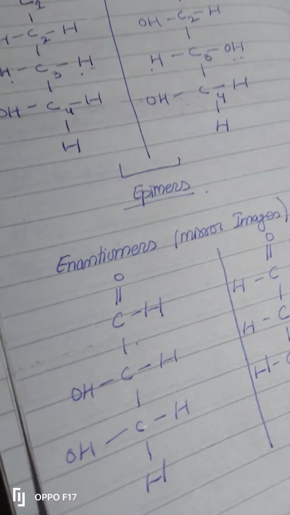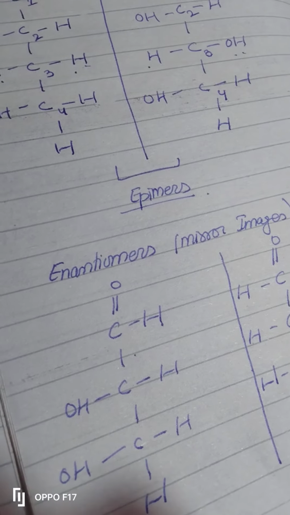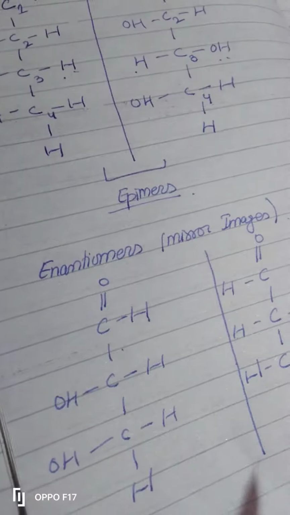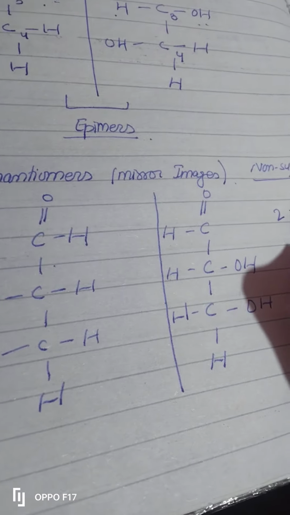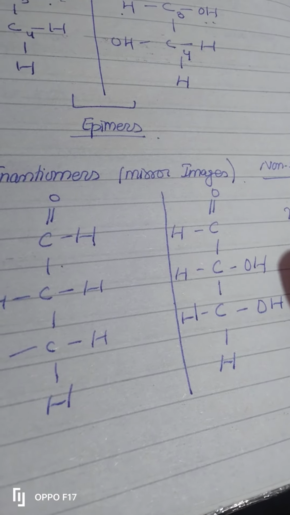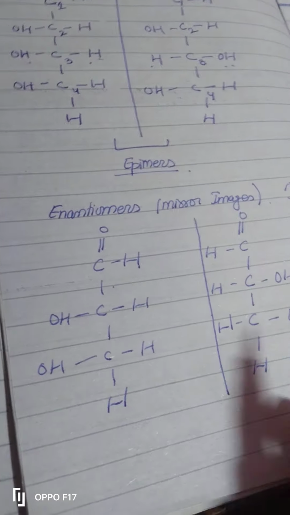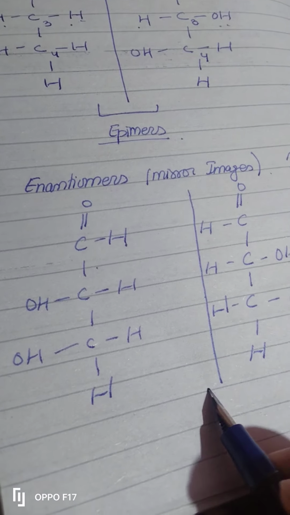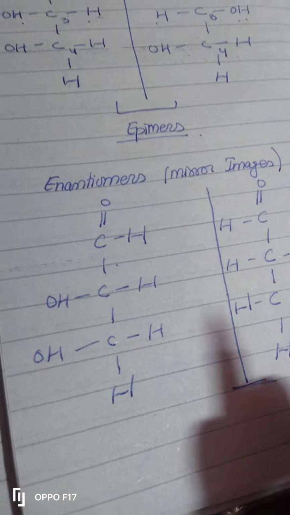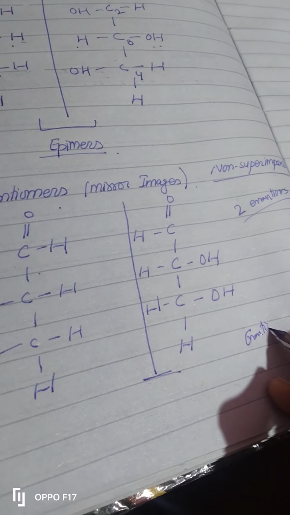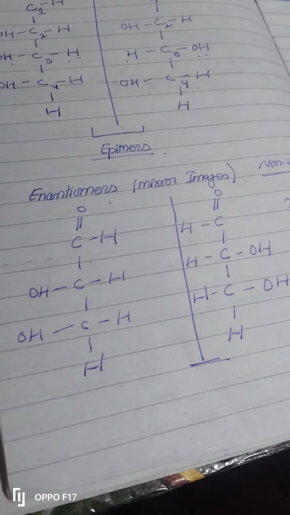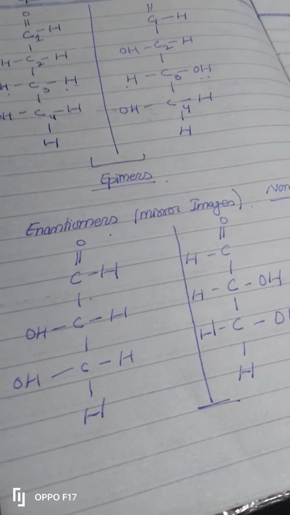So there can be only two enantiomers of one compound. In nature there isn't a mirror present, but still they both have mirror images. So mirror images are known as enantiomers.